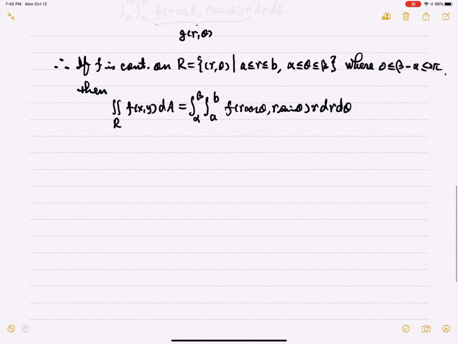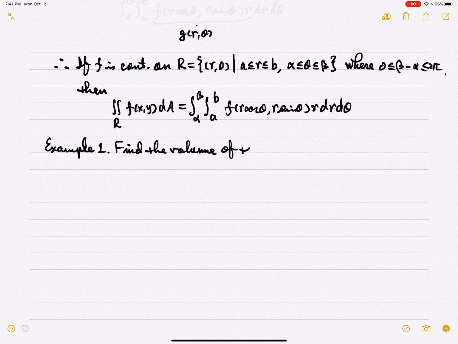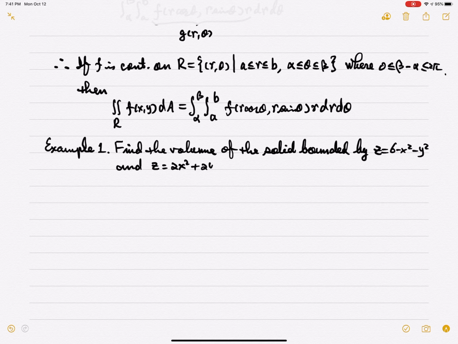Example 1. Find the volume of the solid bounded by z equal to 6 minus x squared minus y squared, and z equal to 2x squared plus 2y squared.